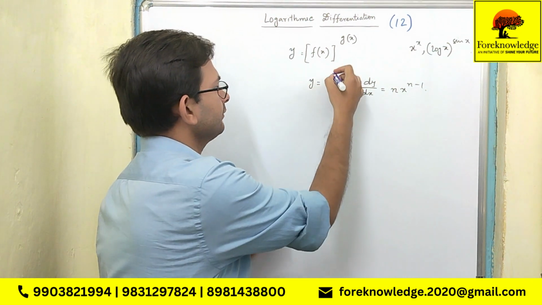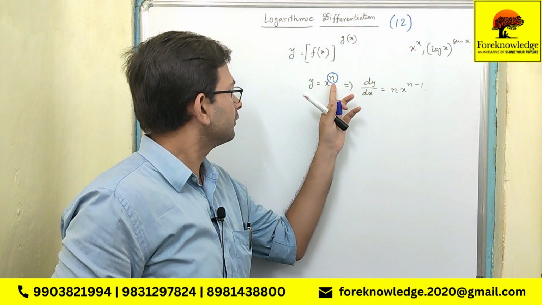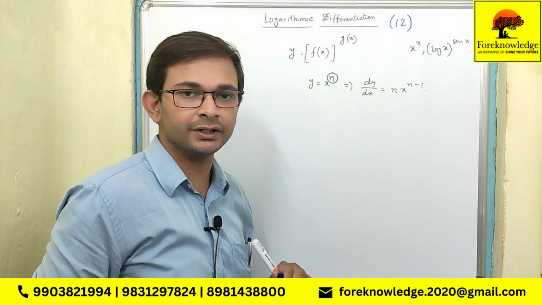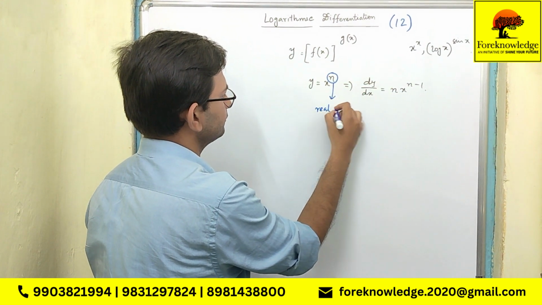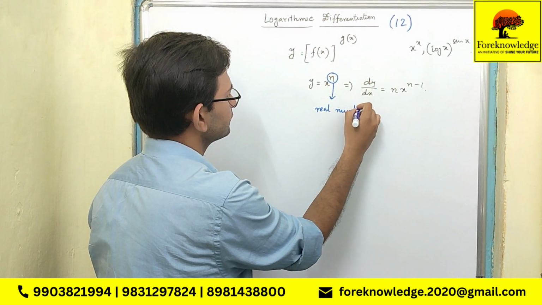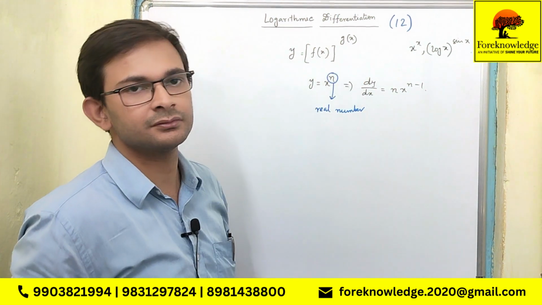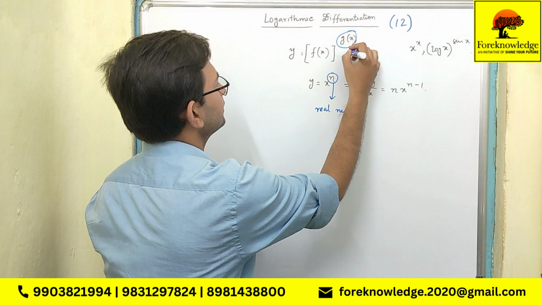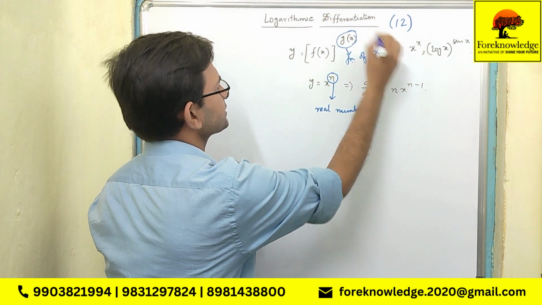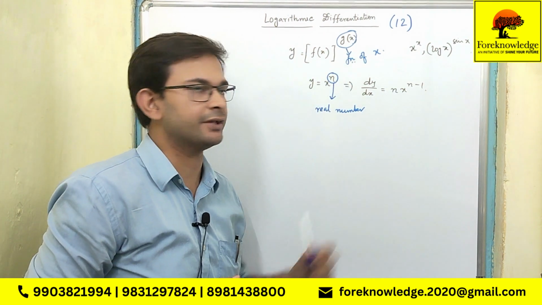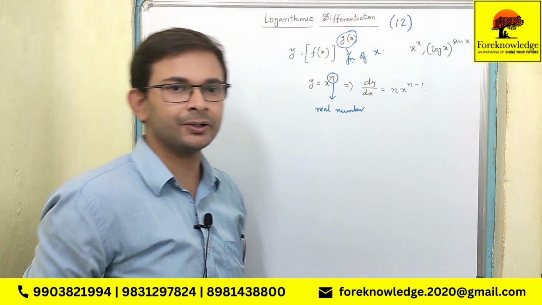In this example, the n in the exponent was a real number. But here, g(x) is a function of x.